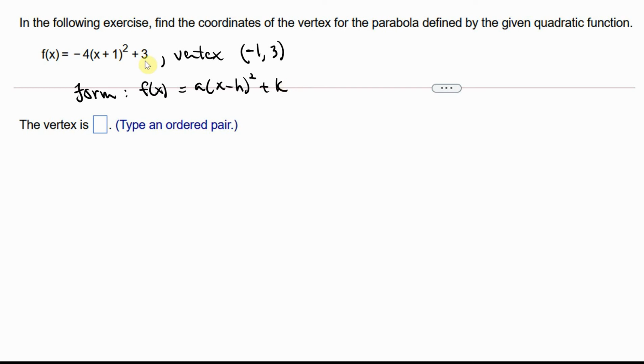Well, the plus k is already the plus 3, so it's just 3. But here, it's supposed to be x minus h. Well, this is x minus a negative 1. So if it's x plus a number, you understand that number to be negative, right? Because the form says, I got to have it like this.